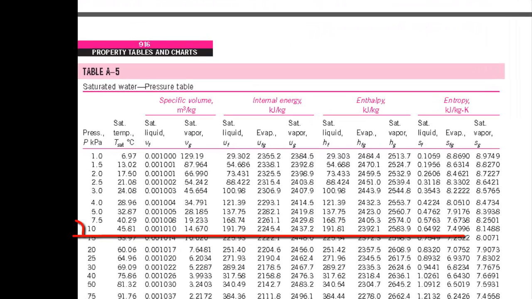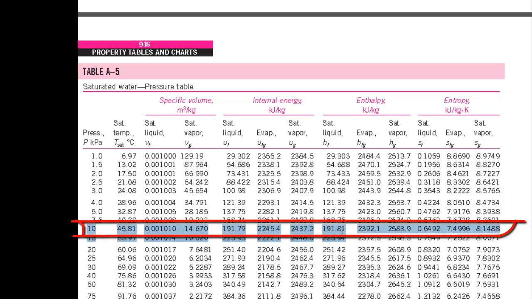So, as we mentioned, we need to find out the properties. We start with state 1, which, since it's an ideal cycle, we know that its quality is 1, and the pressure is the pressure in the condenser, which is 10 kilopascal. So we look in our table A5. That is saturated vapor, and the entrance is pressure.